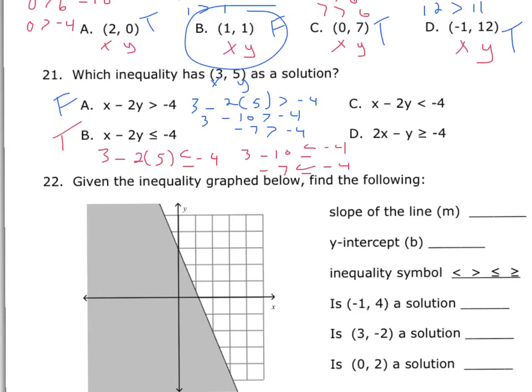For letter C, substitute again. It's 3 minus 2 times 5, and we're saying that that is less than -4. Okay, that didn't turn out very good.